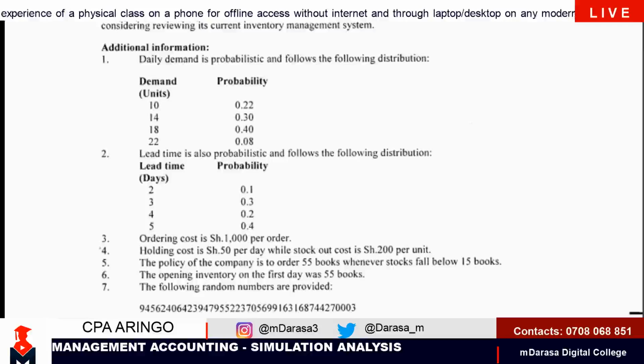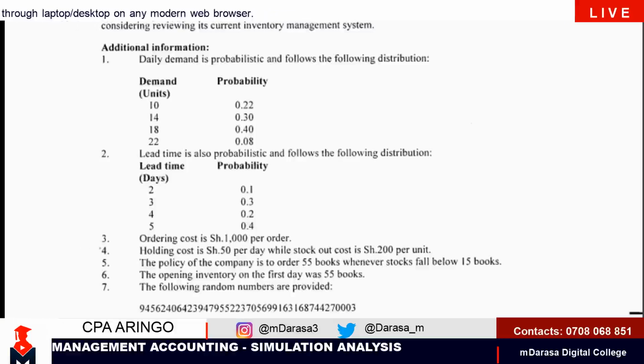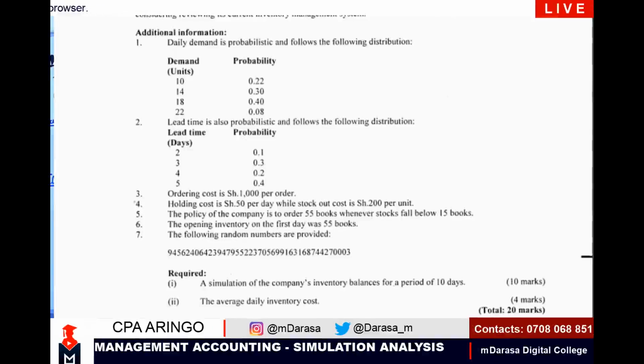So I'm having our opening inventory to be 55 units. That is what we are going to take under our opening inventory.